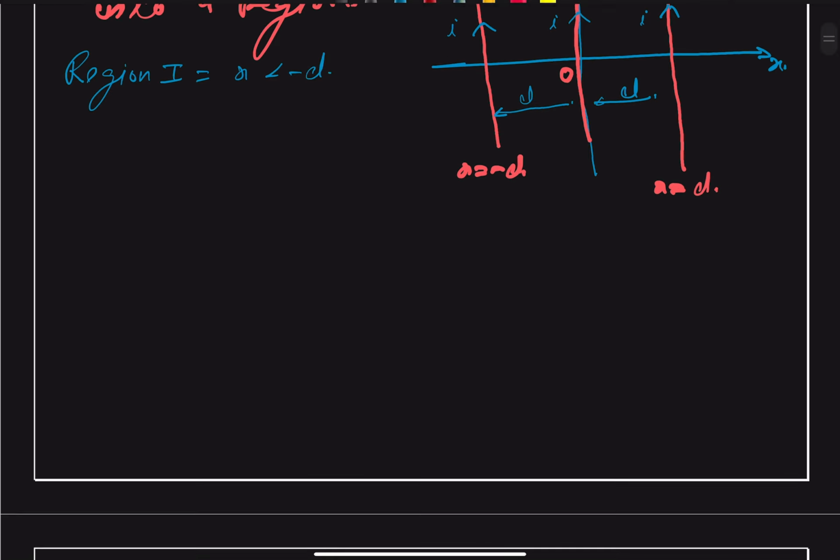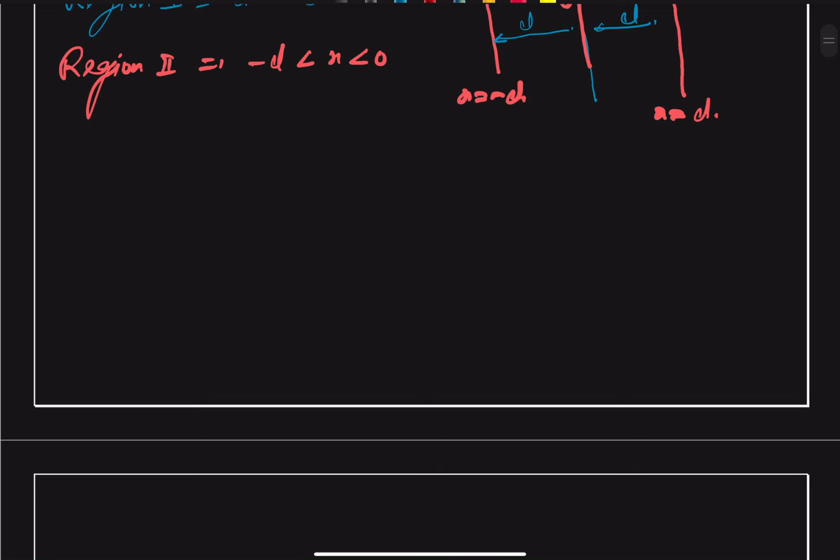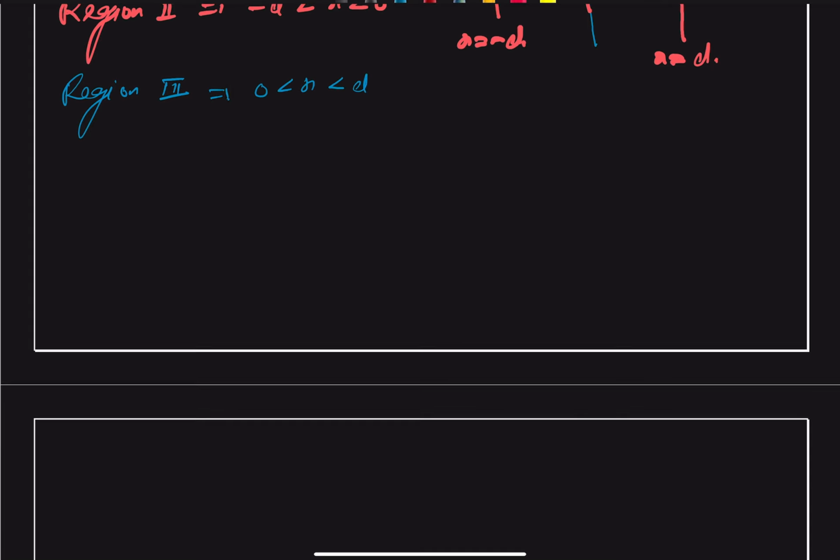Then we have region 2, for x greater than minus d but less than 0. And we have region 3, for x greater than 0 but less than d. And finally we have region 4, for x greater than d.